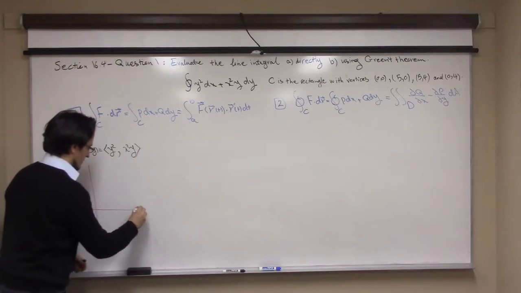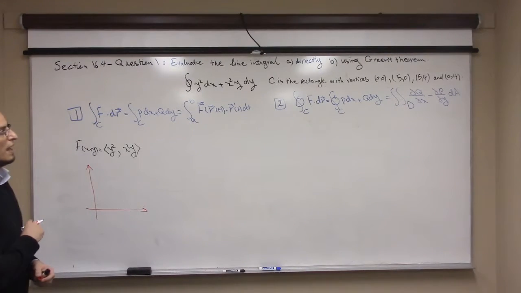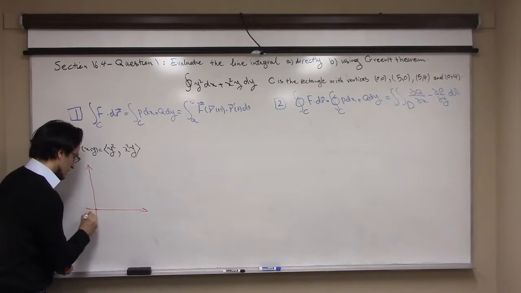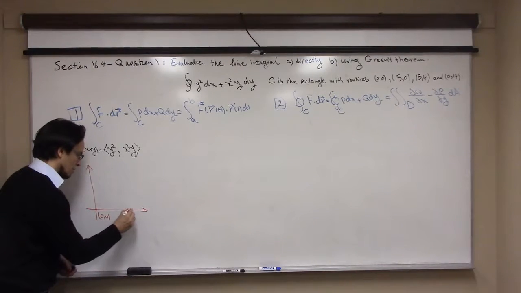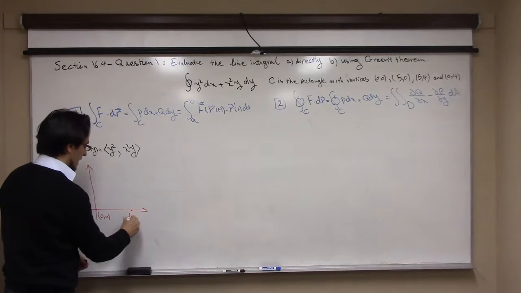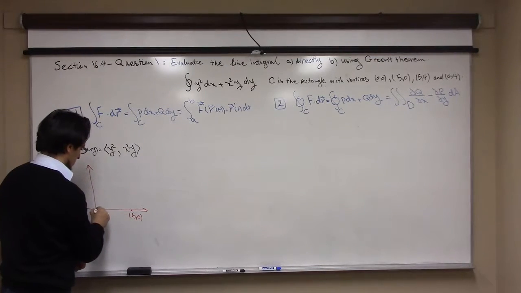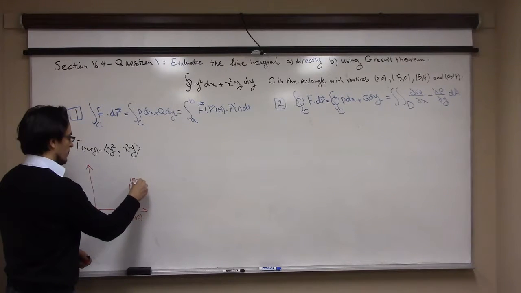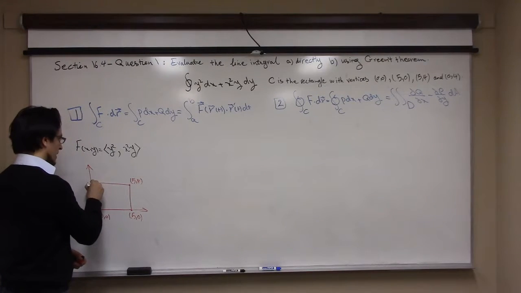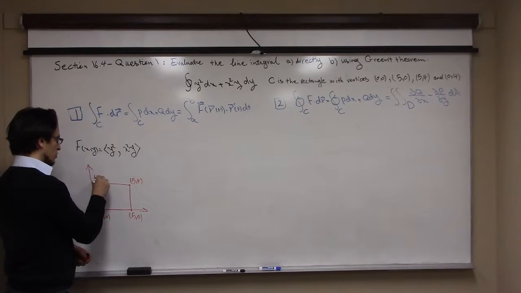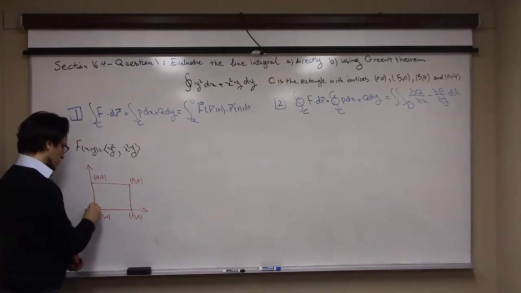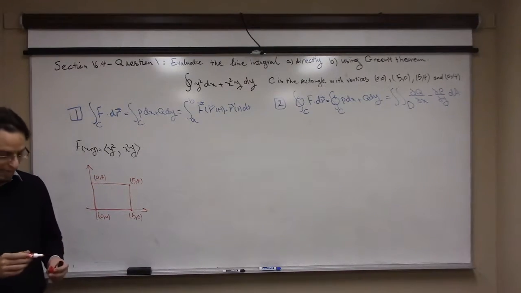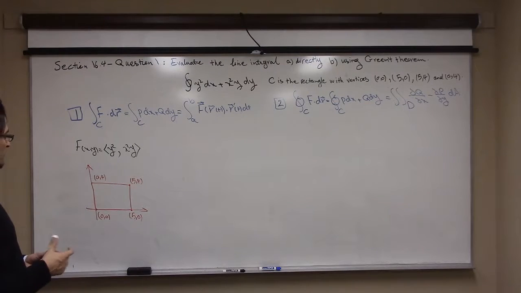So I have the xy axes, a rectangle going from (0, 0) to (5, 0), this one, up to (5, 4), come back to (0, 4), and then go down. That's the curve we are going to integrate our vector field along.